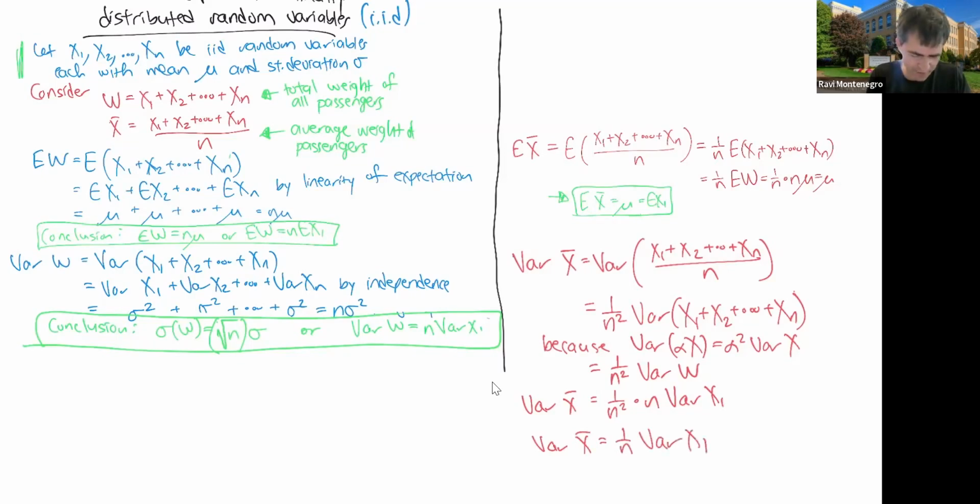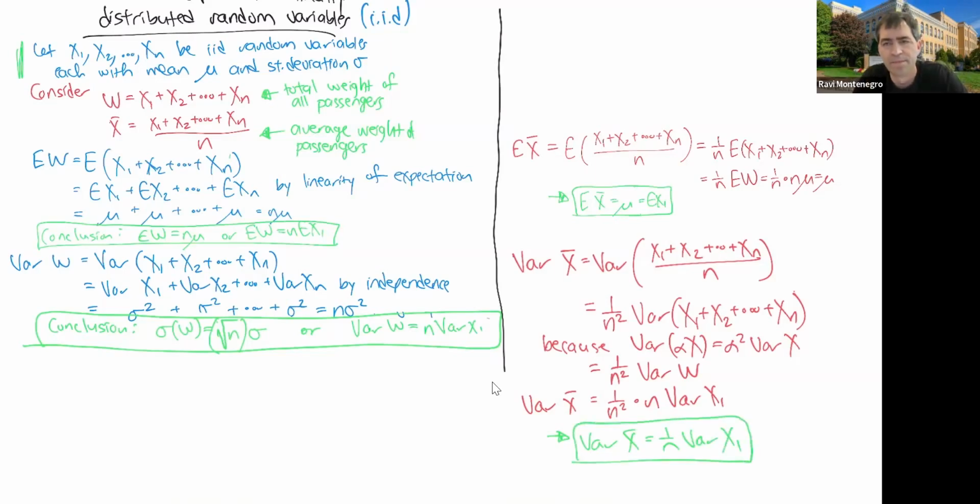So that means that as far as variance goes, when we average n terms, the variance also drops by the same factor.